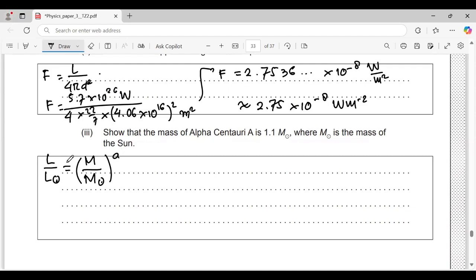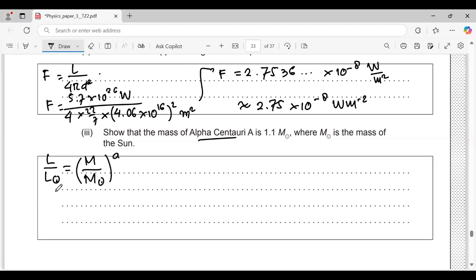L is the luminosity of the star, Alpha Centauri, and this symbol is the luminosity of the sun. M is the mass of the star, and this symbol is the mass of the sun. a is a constant number, ranging between 3 and 4, so I'm going to take 3.5.